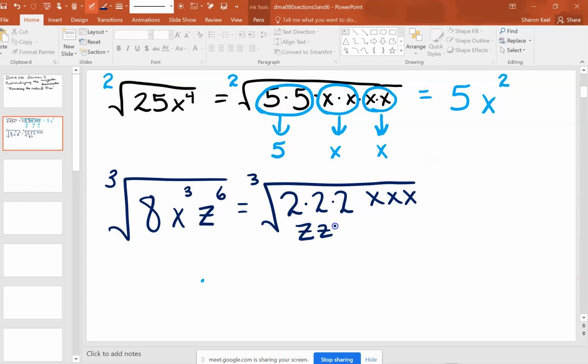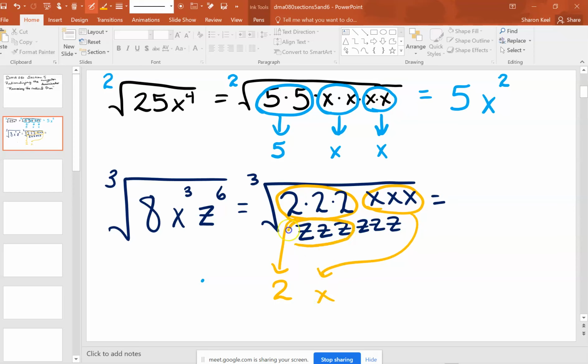So if I am simplifying this, the index of 3 means that I need 3 of the same for it to come out. So I have a group of 3 2's, that means a 2 comes out. I have a group of 3 x's, that means an x will come out. This is one group of 3 z's. This is another group of 3 z's. So when I simplify this, this is a perfect cubed root. I have a 2, an x, and my z is to the power of 2.